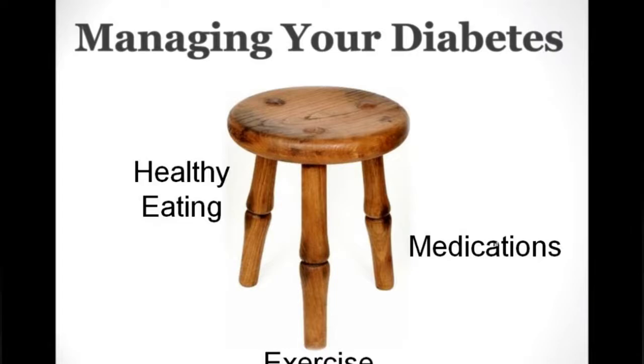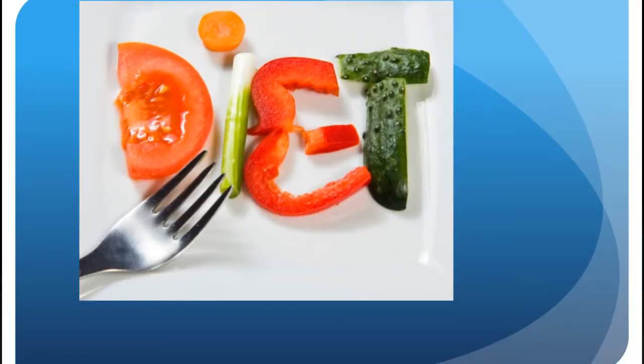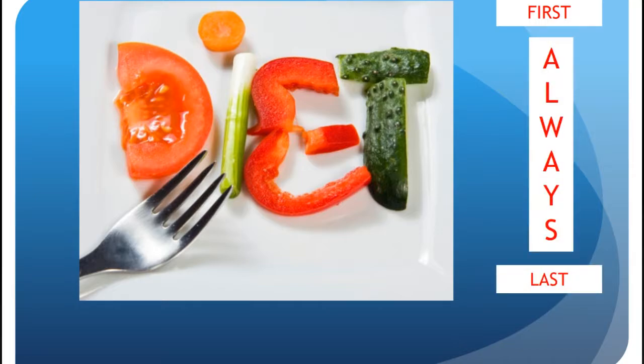So we say in diabetes, diet first, diet last, and diet always. You cannot control diabetes even if you give insulin, as long as you don't control your diet. Insulin, if you don't manage your diet, is going to make you more obese.